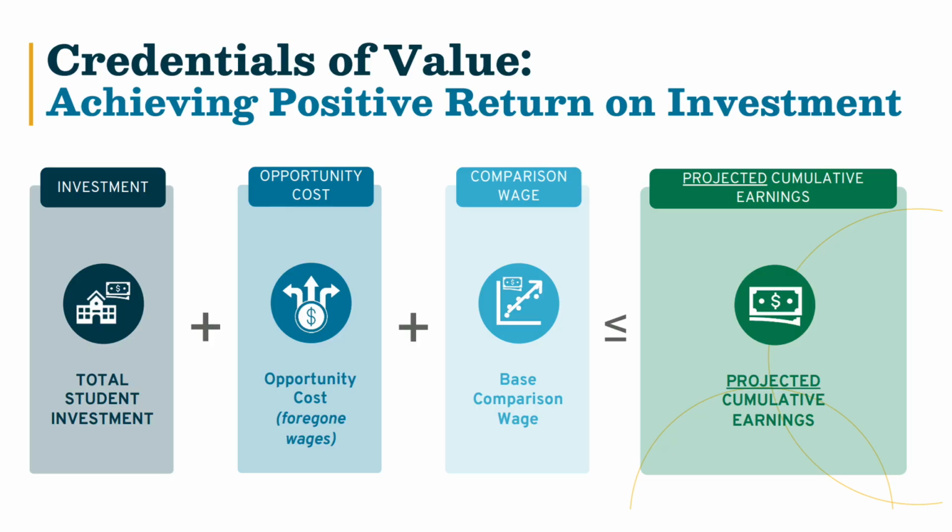So then also, okay, what would they have made coming straight out of high school compared to what are they making now that they have this credential? We have to take all of that into account. Then if we feel like the projected cumulative earnings of that student after they get our credential is greater, it exceeds all of that initial investment by that student, then it is considered a credential of value, okay?